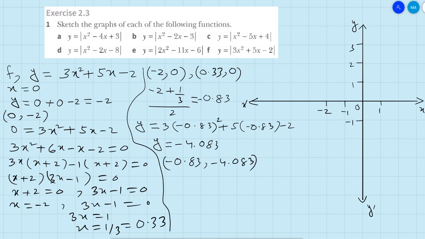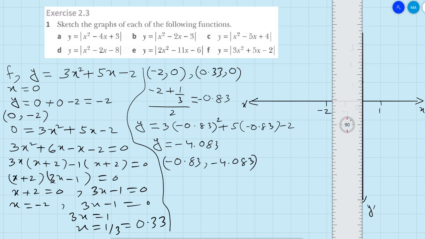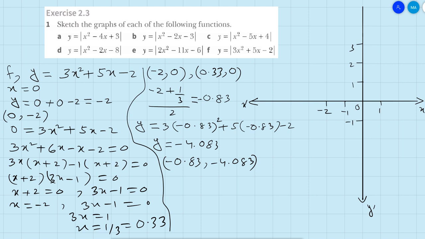We can increase this first. I will rub because I need two more squares. This is 4 and this is 5. This is y-axis.